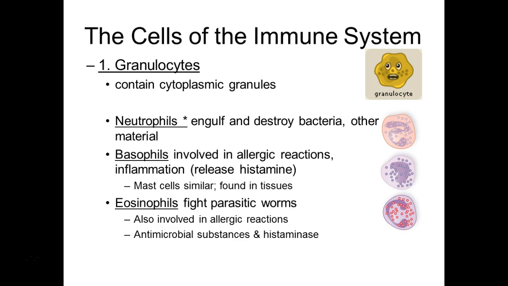So are their granules probably what? Different. Right? They're a different color. They got stained by a different dye. It means there's different stuff in there. They do different things. It's that simple.